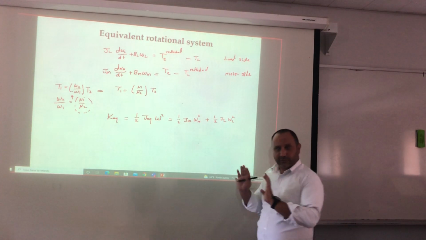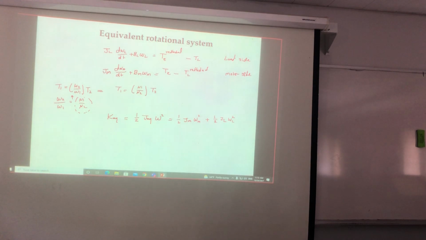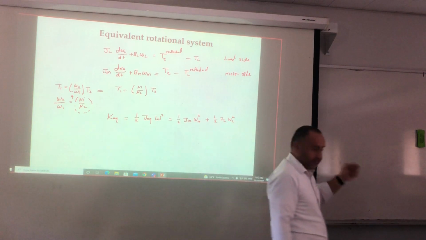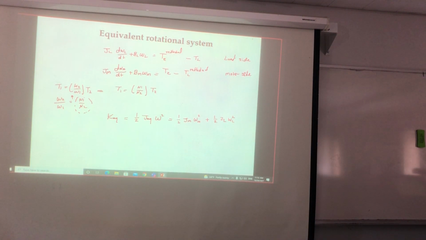In general we refer to the motor speed, so I will choose M. This means I am referring to the motor side. So I only need to refer this one, because the first one is already the motor side, and this is the load side.